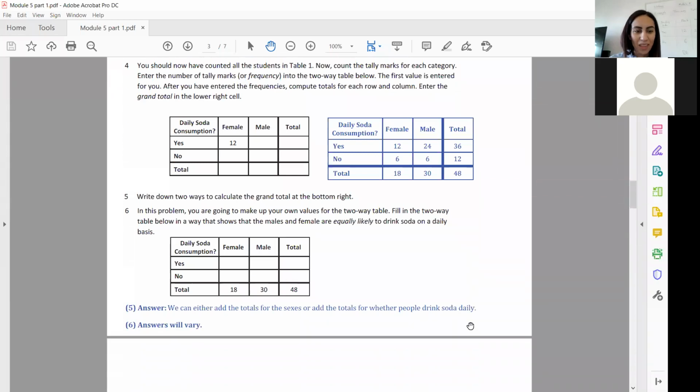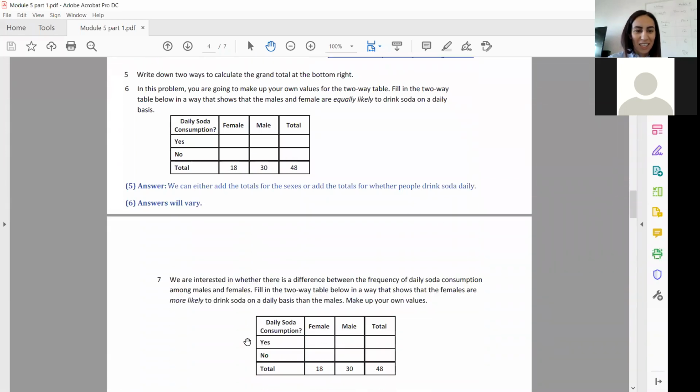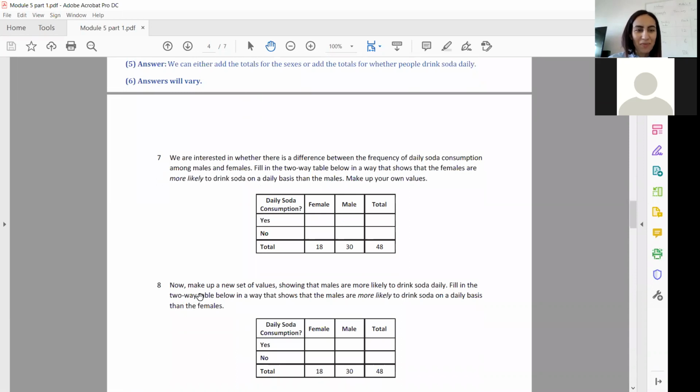So let us move on to question 7. We are interested in whether there is a difference between the frequency of daily soda consumption among males and females. Fill in the two-way table below in a way that shows that the females are more likely to drink soda on a daily basis than the males.